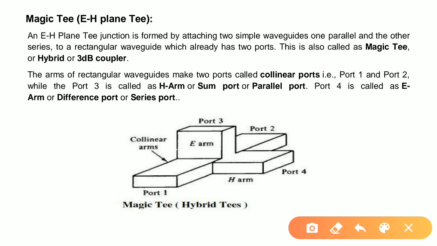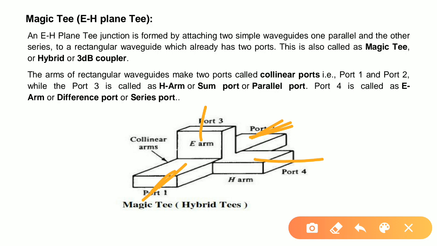So in this T also we are attaching this side arm, which is the H arm, and this side arm, which is the E arm, to this rectangular waveguide. So we are attaching the H arm and the E arm to this rectangular waveguide which has the 2 ports.